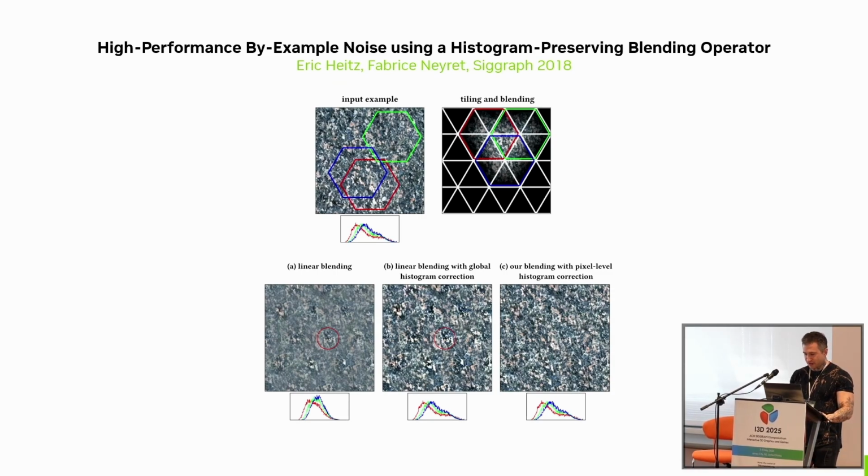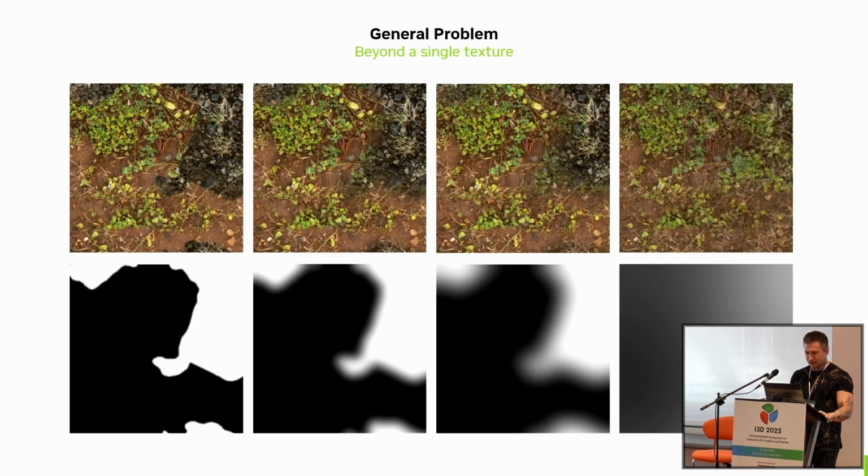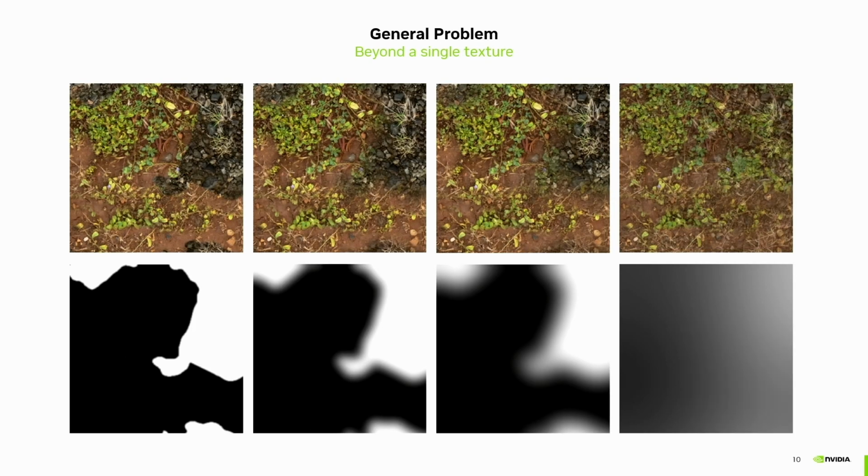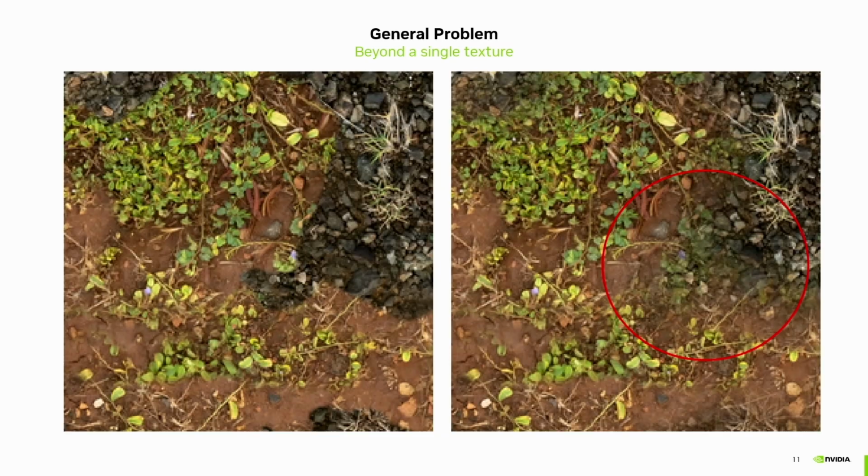And this made me think about this problem, and I started to think, okay, this is a texture synthesis with one input. Doesn't it apply to a general problem beyond a single texture, and to blending multiple textures? And of course, it applies here. So here are two textures blended with a mask with different levels of blurriness or softness of the mask.